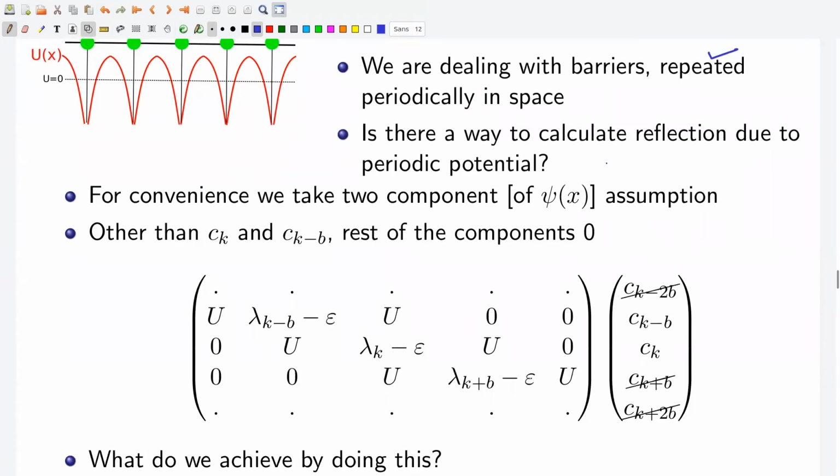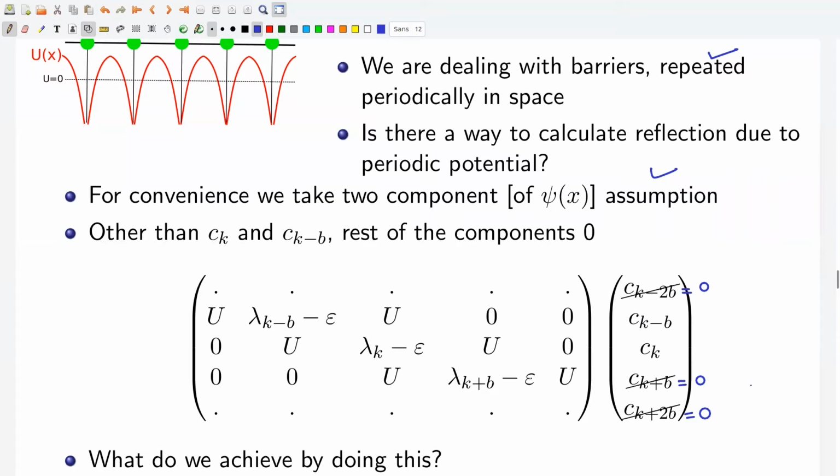For this purpose, let us design the simplest possible model. We just take two Fourier components of psi of x. That means we make c_(k minus 2b) equal to 0, c_(k plus b) equal to 0, and c_(k plus 2b) equal to 0. And we have only two non-zero c's, c_(k minus b) and c_k.